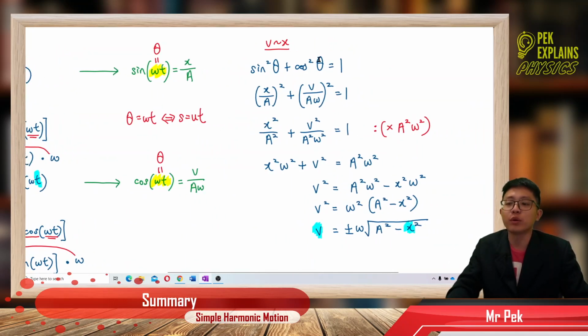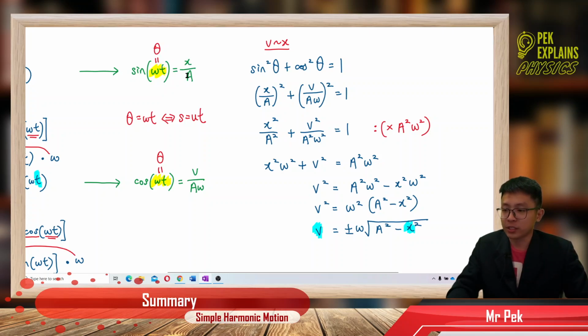So now we start with the trigonometry identity called sine square theta plus cos square theta equal to 1. Everybody knows this equation, right? For the displacement time equation, I have sine theta. For the velocity time equation, I have cos theta. So we use both of these formulas and substitute.